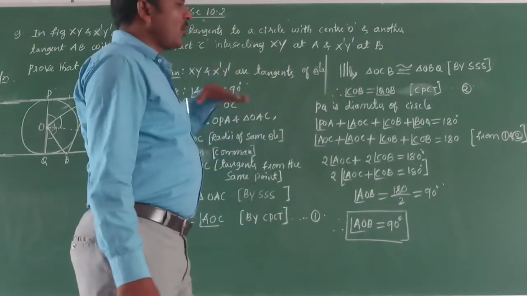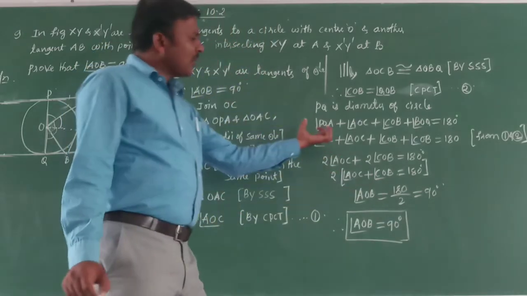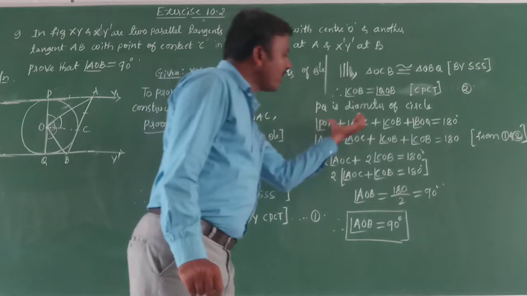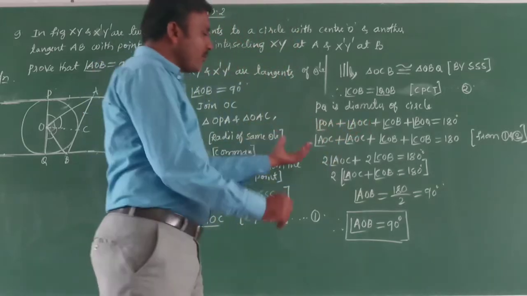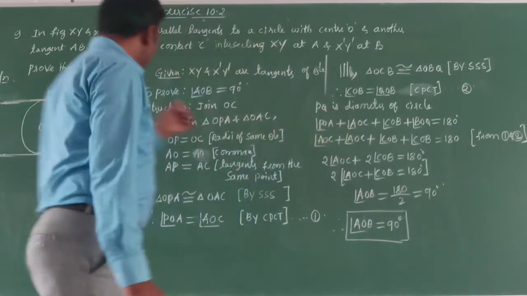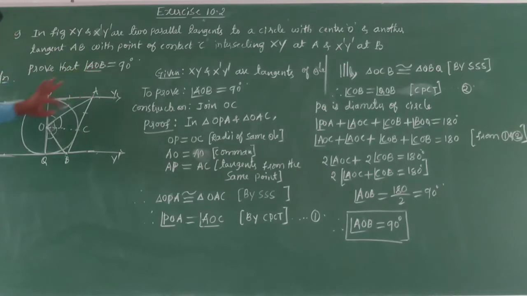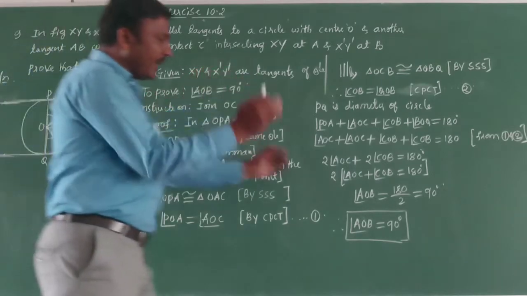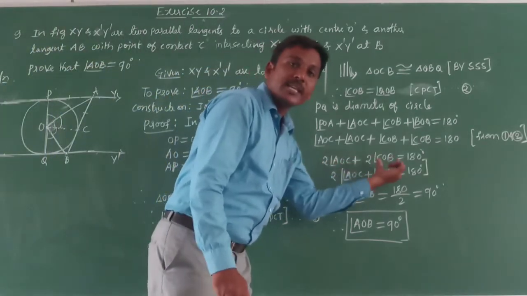So the very important step is here, you have to rearrange angle POA plus AOC. Our aim is to make the sum of these 2 angles, that is angle AOB, equal to 90 degree. So you have to concentrate on AOC and COB. It should come in the form of AOC and COB only.